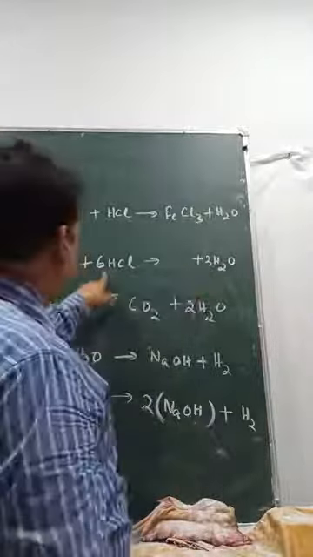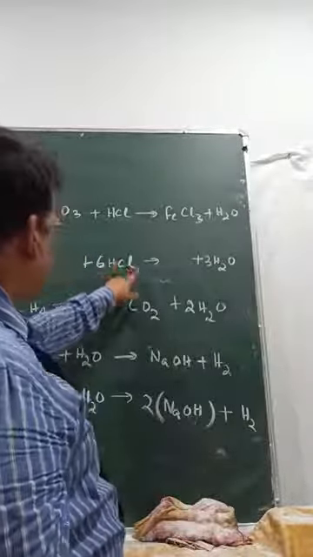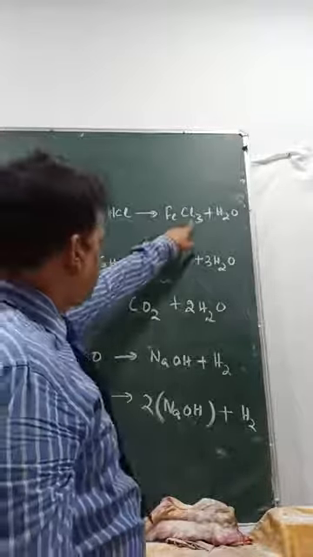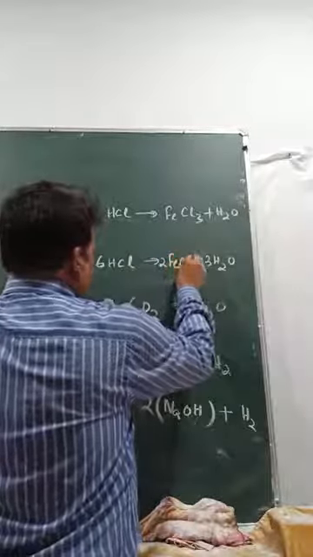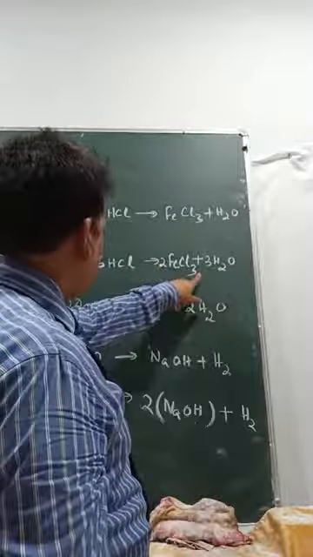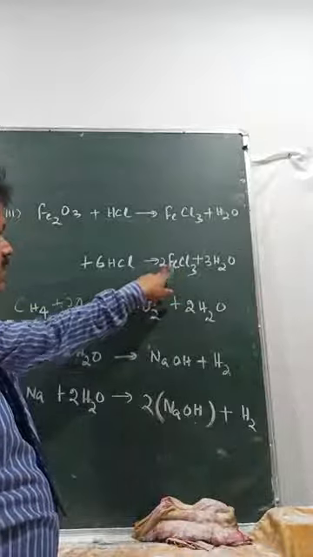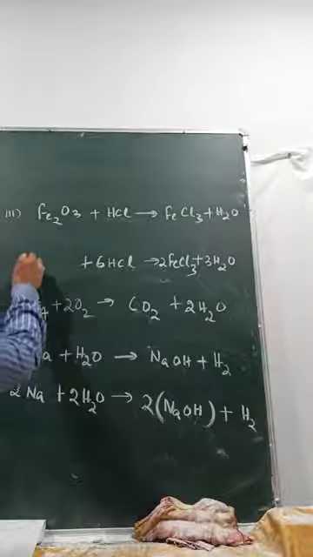Hydrogen is balanced. Now chlorine. Here it is 6 chlorine, there is 3 chlorine, so multiply by 2. So chlorine is 6, chlorine is 6. Now iron is here 2 times, Fe 2 times, means now it is done.